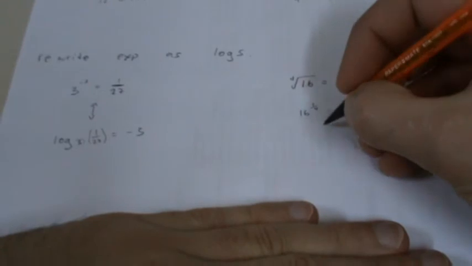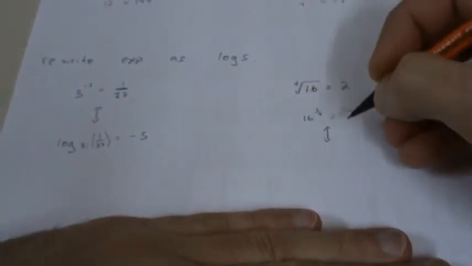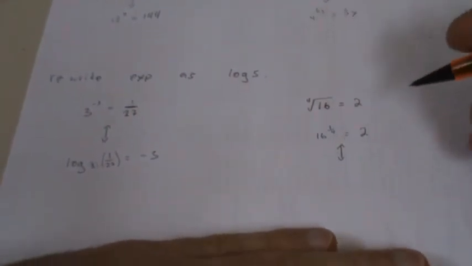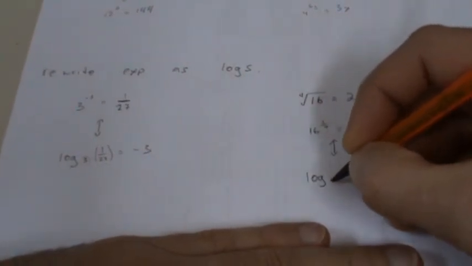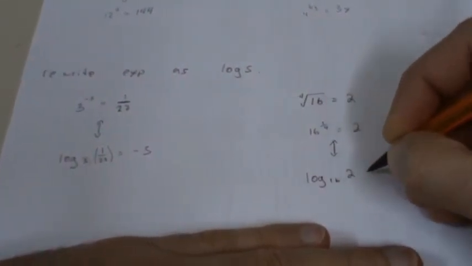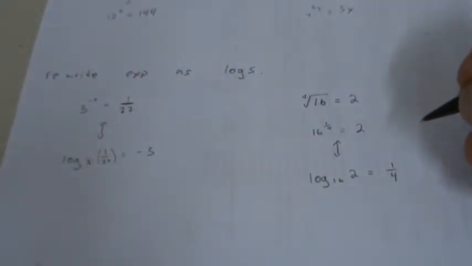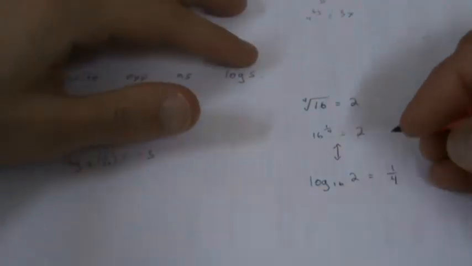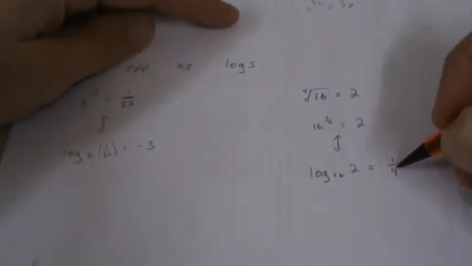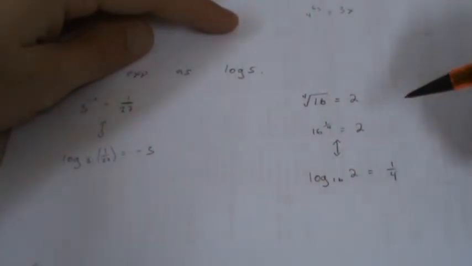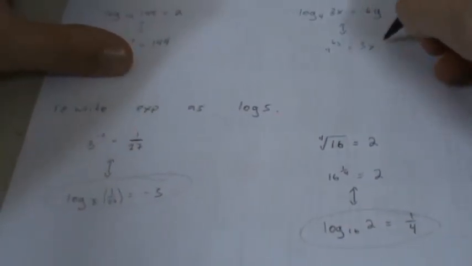And so if I rewrite this using the definition of logarithms, the directions here are rewrite exponents as logs, it would be log base 16 of 2 is 1/4. And what this means is I must raise 16 to the 1/4 power in order to get 2.